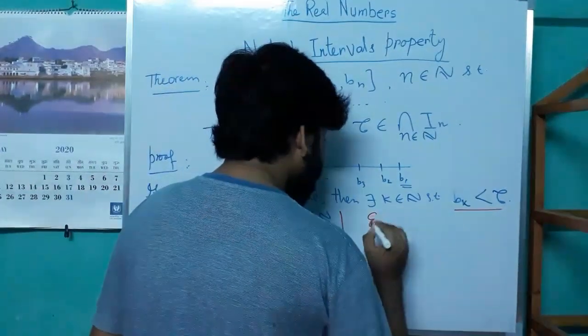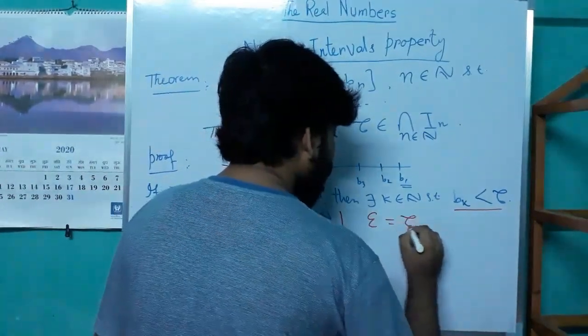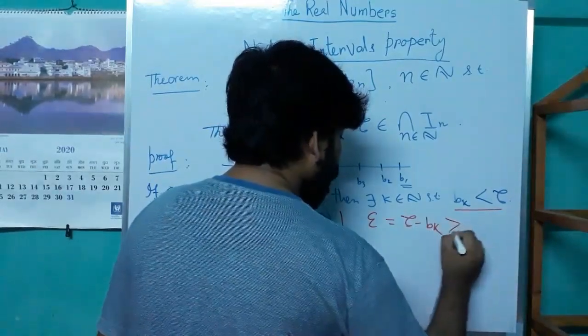Now we consider a real number epsilon as zeta minus Bk, then it is obviously positive.